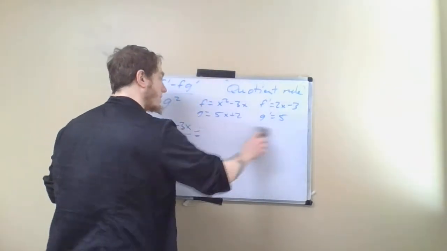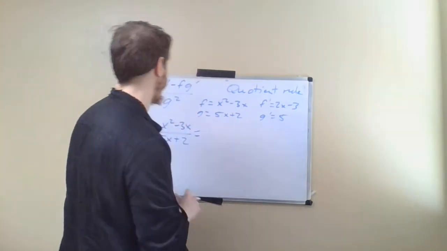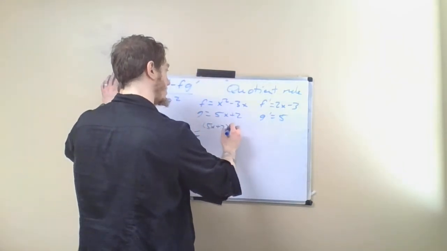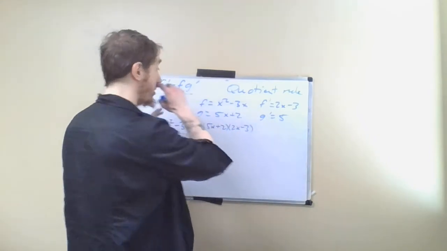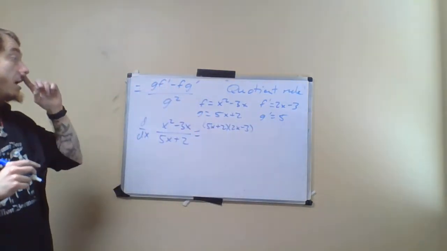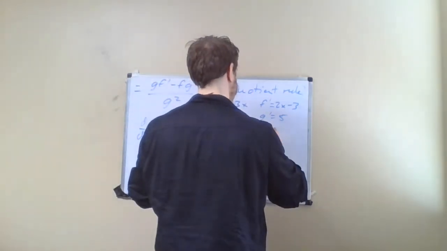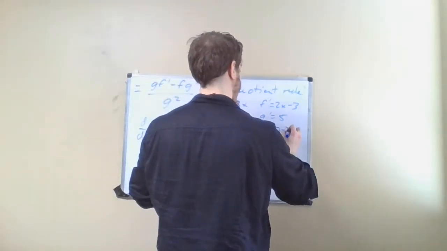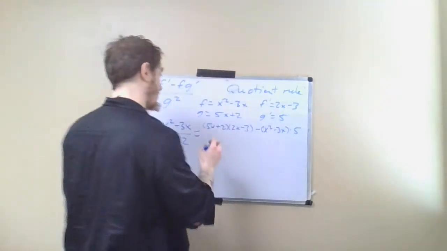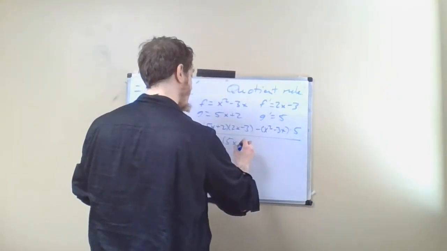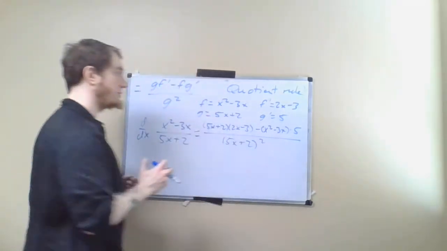I have really managed to make quite the mess of this. Okay, g times f prime, that is going to be 5x plus 2 times 2x minus 3. There we go. That is set. Now we have f subtracted, that's x squared minus 3x times g prime, which is 5. Goodness. And then on the bottom, we're going to have 5x plus 2 squared, because we have g squared.